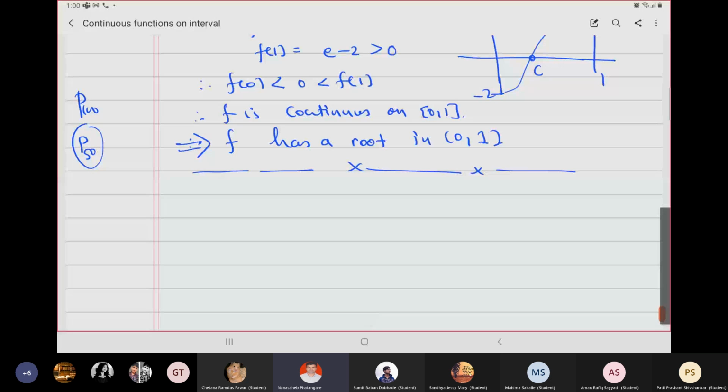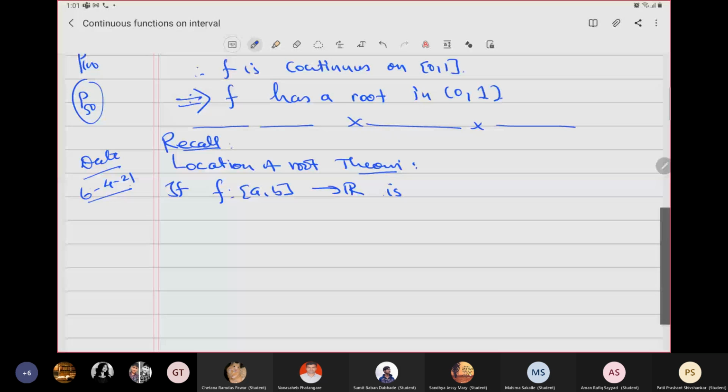What this theorem says is that if f is continuous on a closed and bounded interval, and f of a times f of b is negative, so the values of the function at the endpoints have opposite signs, meaning f of a is negative and f of b is positive, or f of b is negative and f of a is positive, then there exists c in between a and b which is the root of the function.